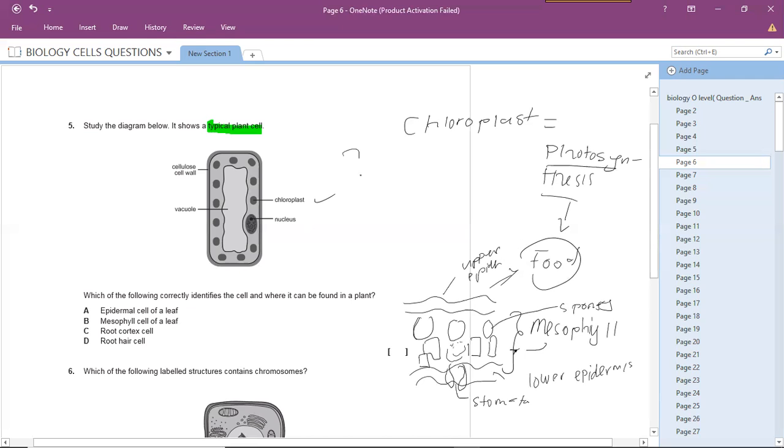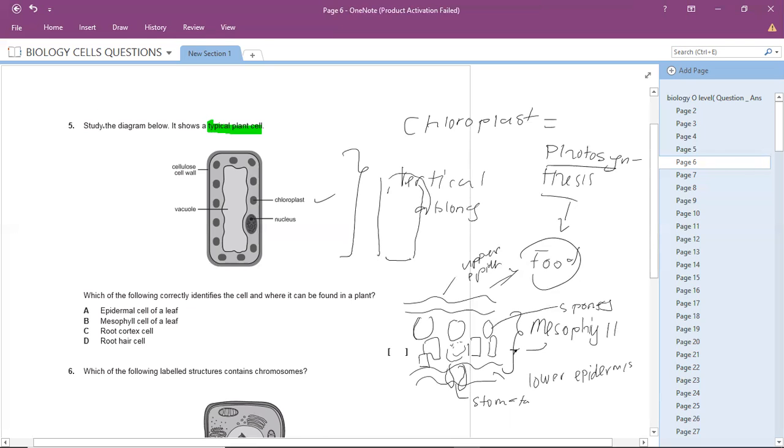So this cell here is vertically oblong. It means it's like a rectangular structure. It's longer in length than it is in width.